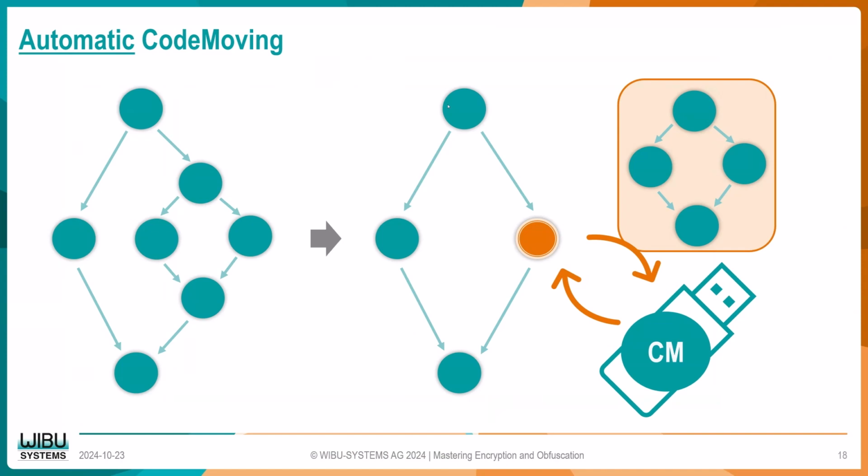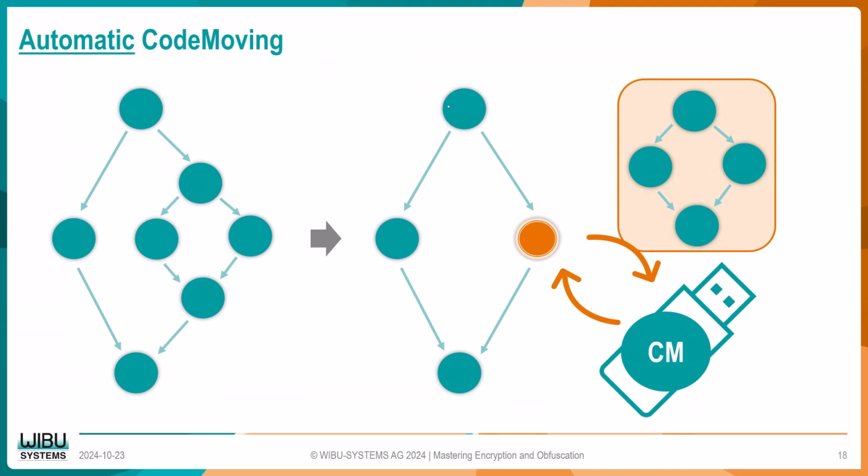So here we have our control flow graph again. And what does automatic code moving do? It scans your function, or it scans functions for longest possible sequences which can be executed in an isolated fashion in an external environment.